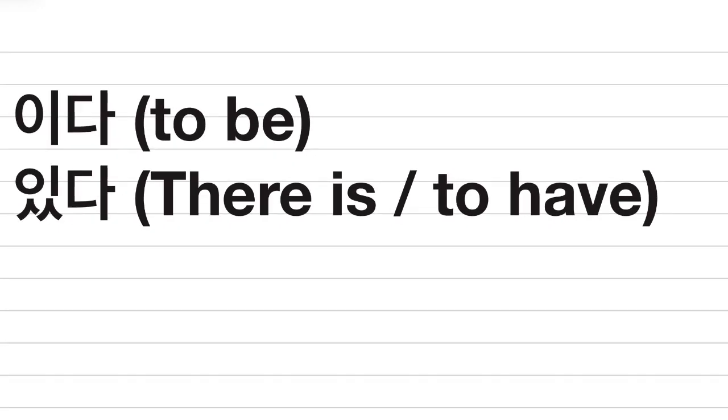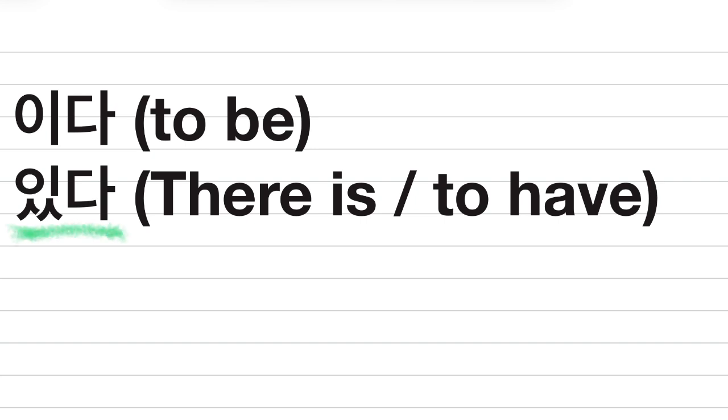Okay, then let's quickly recap 이다 and 있다. So let's start with the simple rules. Number 1 is 이다. It's like to be, and it shows identity. And then 있다.